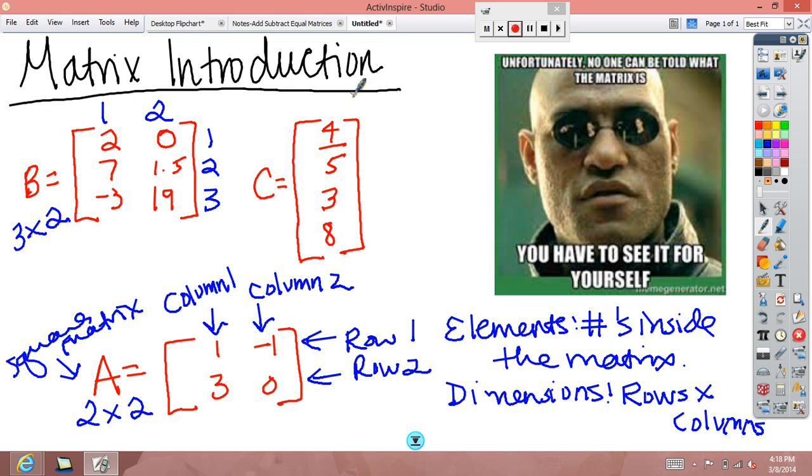Okay, C has 3 elements: 4/5, which is a fraction, and fractions are okay, 3 and 8. This has 1, 2, 3 rows and only 1 column, and so therefore, again, rows by columns, this is a 3 by 1 matrix.